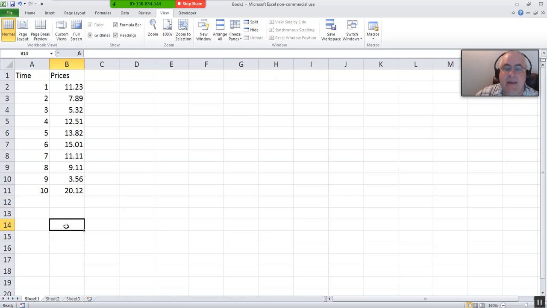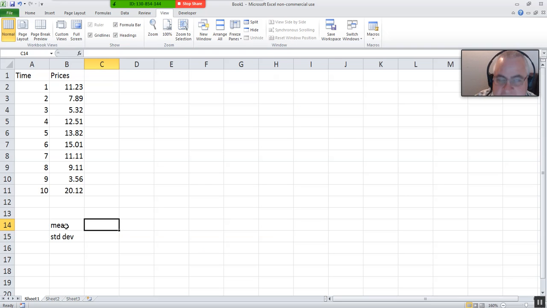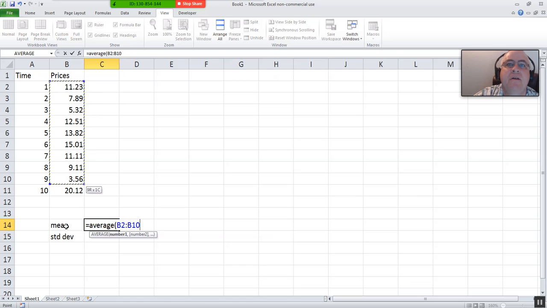Okay, now we need our mean. So I come down here. We also need our standard deviation. Now over here, specifically let's talk about mu and sigma. So population. So here I'm going to say equals average, beginning parentheses, and then I'll put my range of values here.